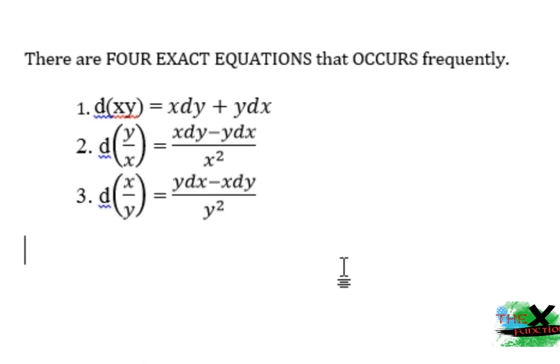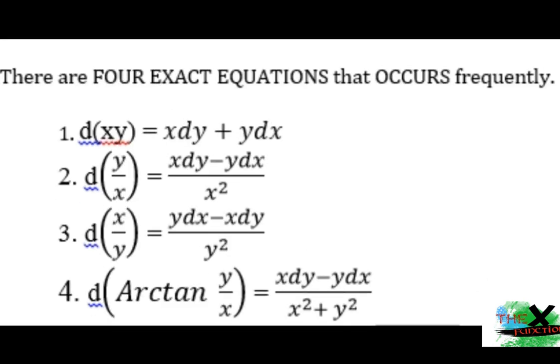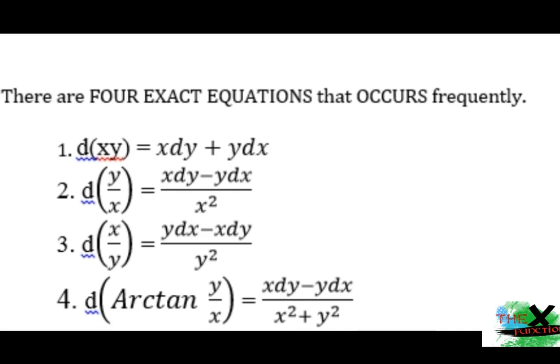Third, the derivative of x over y is equal to y dx minus x dy all over y squared. And lastly, the derivative of arctan y over x is equal to x dy minus y dx all over x squared plus y squared.